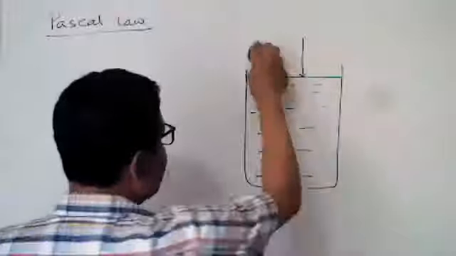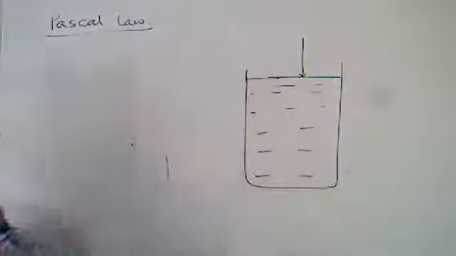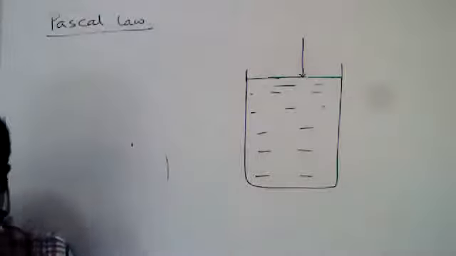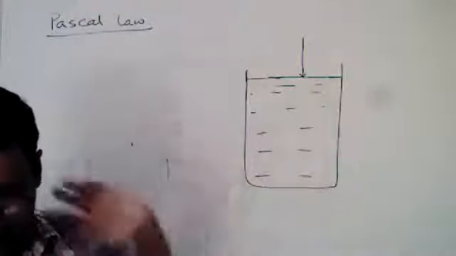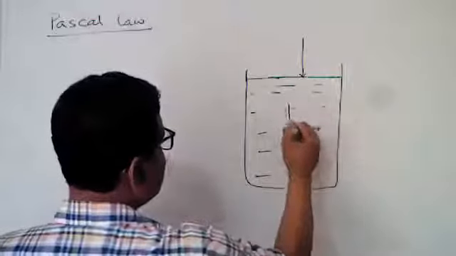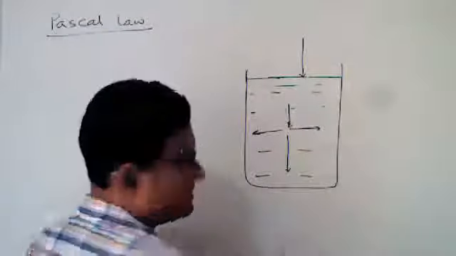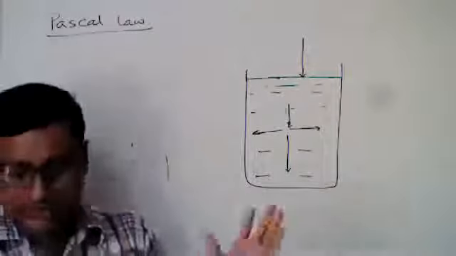If the container is closed, the pressure cannot emerge from the container and the pressure acts in this direction, this direction, this direction. So the pressure acts in all directions.